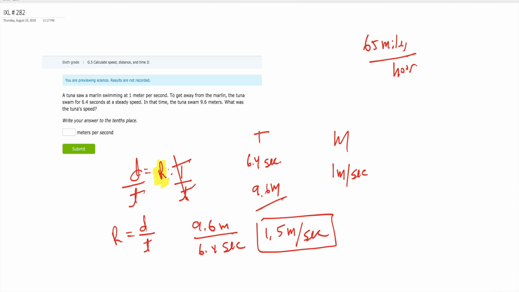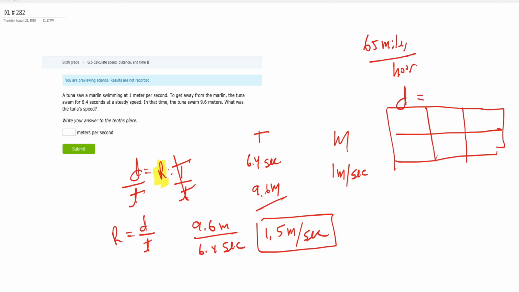But a better way to do it, I mean, this way is just totally fine for this problem, but for more difficult problems, you can do a box. So you go like that, and you have distance equals rate times time, because a lot of times you'll be comparing two things.